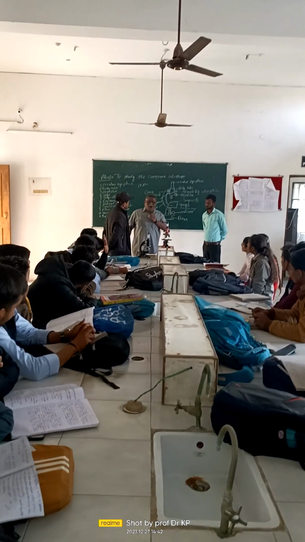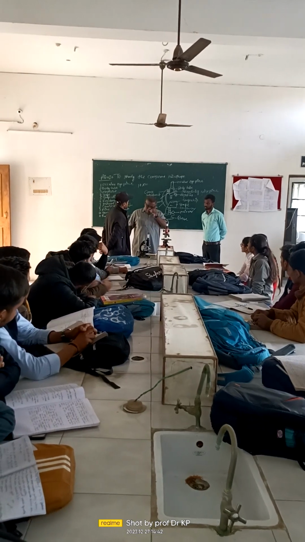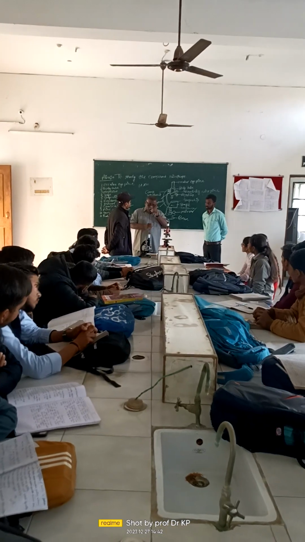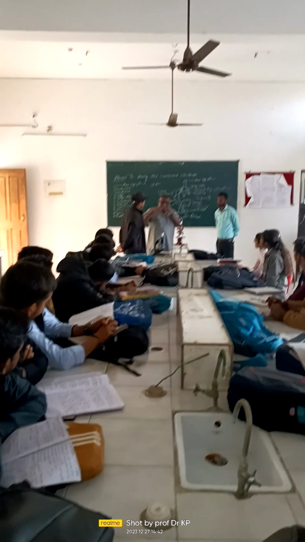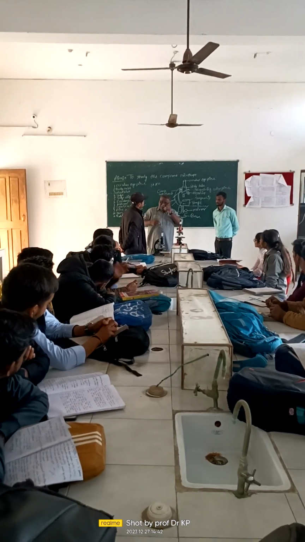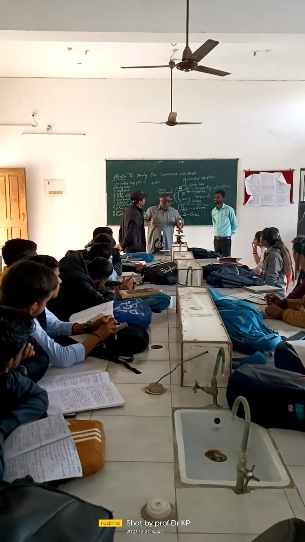Then came the simple microscope, which was having one eyepiece and one nose piece or objective. The objective strength is multiplied with the magnification power of the eyepiece to give the enlargement value or magnification value.